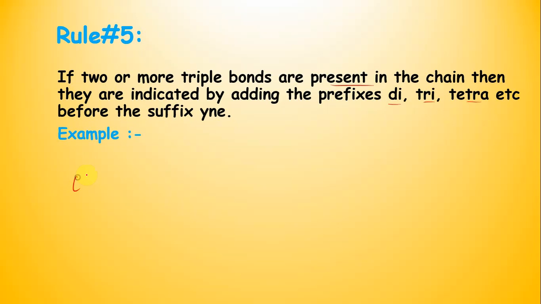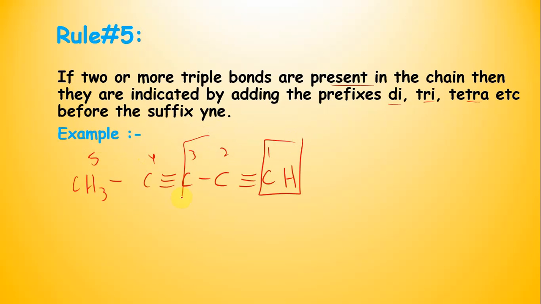An example is this one. This is CH3 and then a carbon-carbon triple covalent bond, then again a carbon-carbon triple covalent bond. So we will give the numbering from here, 1, 2, 3, 4 and 5. How many carbon-carbon triple bonds are there? There are two carbon-carbon triple covalent bonds. One is at the first and the second is at the third.